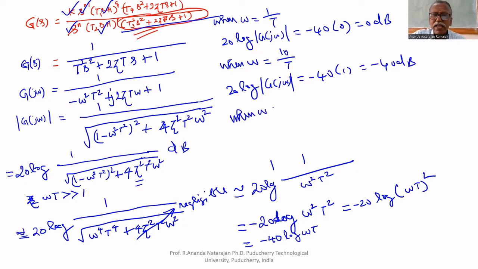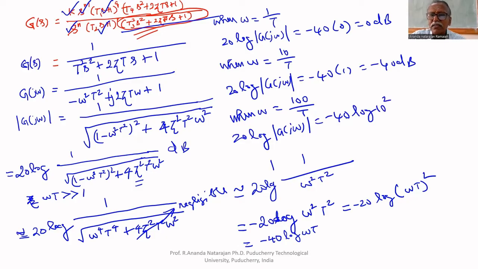When omega equal to 100 by tau, another 10 times increase, you will get 20 log modulus of g of j omega equal to minus 40 log 100, that is 10 square, equal to minus 80 dB. Log 10 equal to 1, that square becomes multiplication, that's why minus 80 dB. So the slope decreases at the rate of 40 dB per decade.